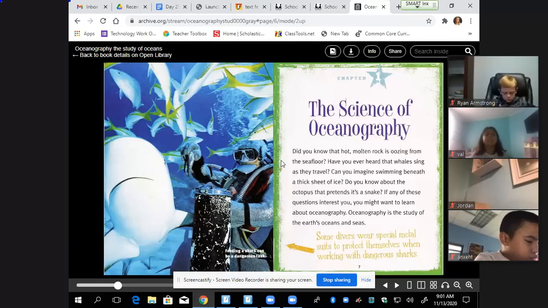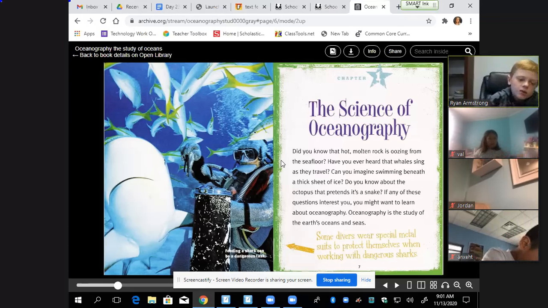Did you know that hot molten rock is oozing from the seafloor? Have you heard that whales sing as they travel? Can you imagine swimming beneath a thick sheet of ice? Do you know about the octopus that pretends it's a snake? If any of these questions interest you, you might want to learn about oceanography. Oceanography is the study of the Earth's oceans and seas.